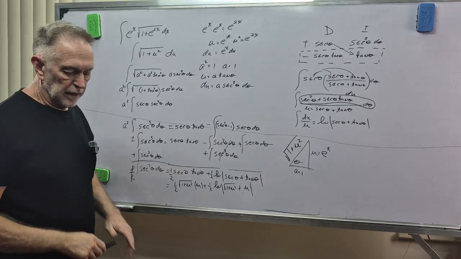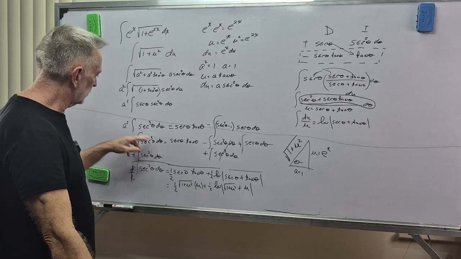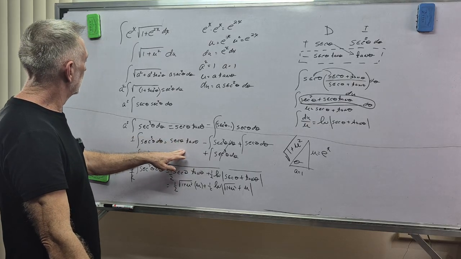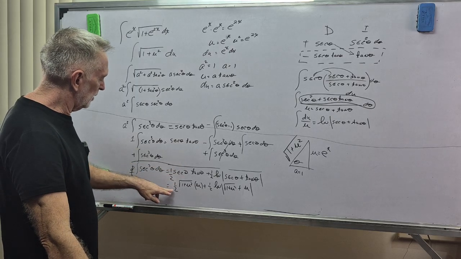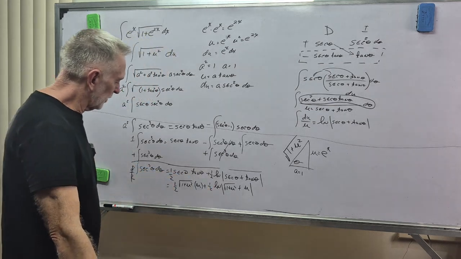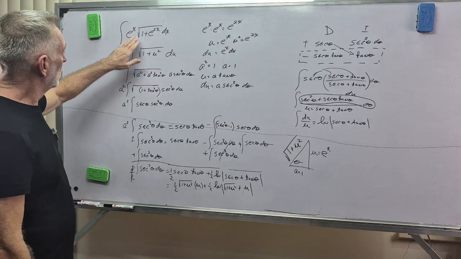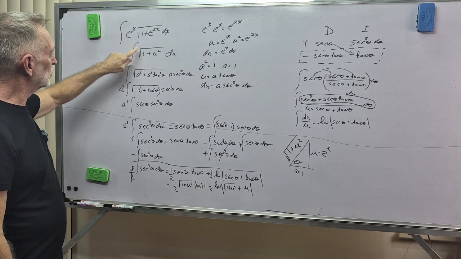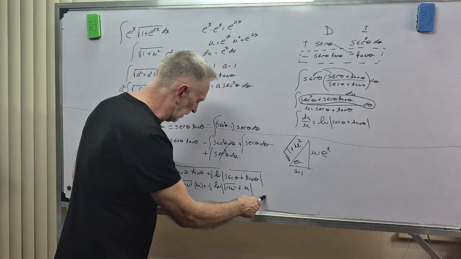If you look in an integral table, and by the way, I'd have to divide by a and a squared terms into these, you would end up with an a squared down here. So if you look in an integral table for the integral of square root of 1 plus u squared du, you will get that.